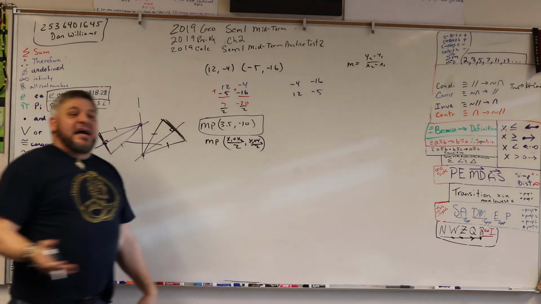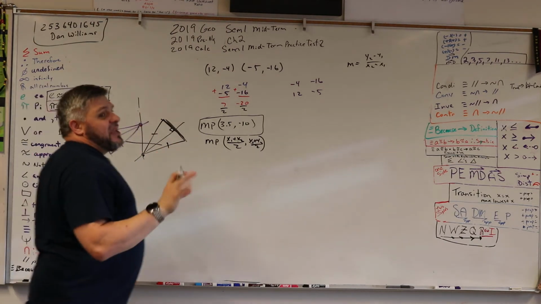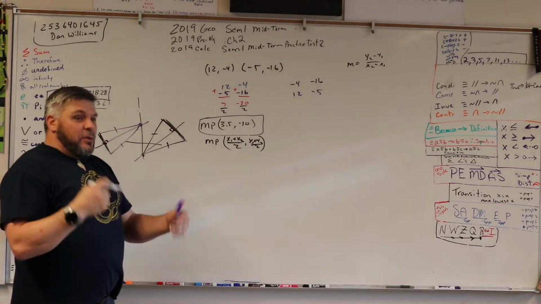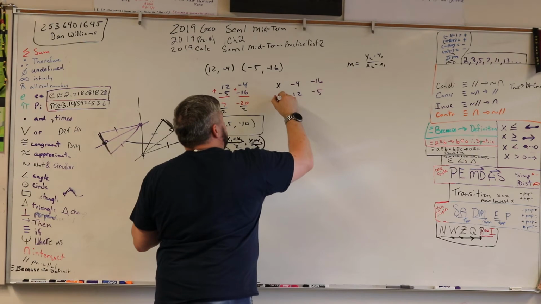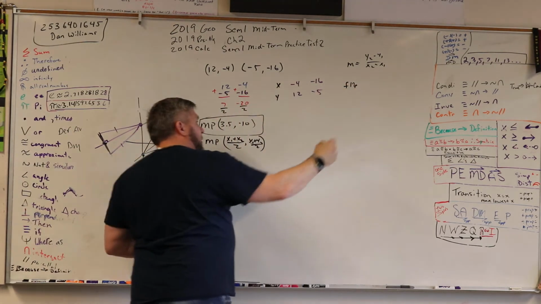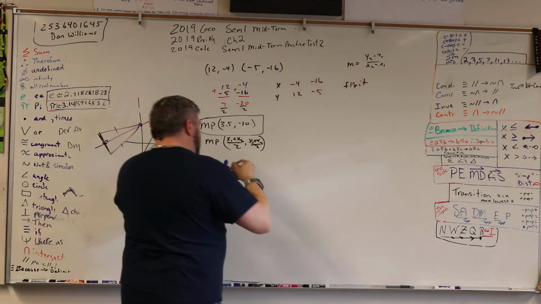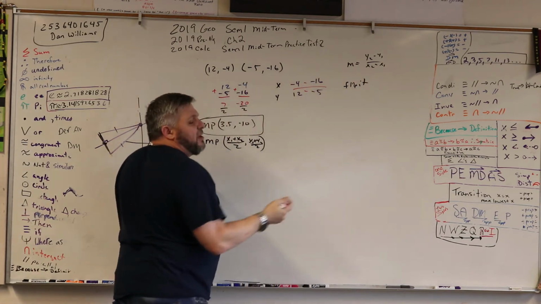Which, if you watched the last video, you would know that we flip it, smack it, rub it down for distance. But for slope, we just flip it and smack it. So when I flip these so that I have x and y, right, flip it, and then I smack it, boom, boom. That is my slope.